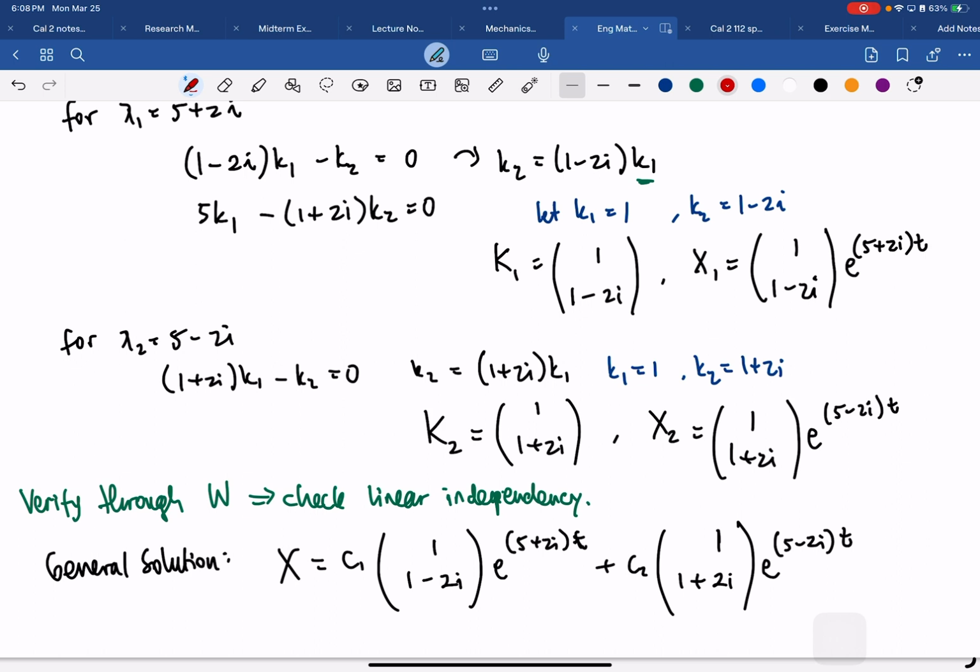I think that will be the whole topics for the midterm. So it's all about matrices and systems of differential equations, eigenvalues, and later the diagonalization. It's also a method to solve the system of differential equations.